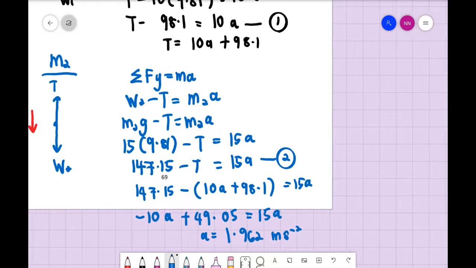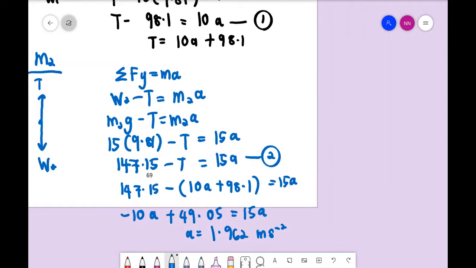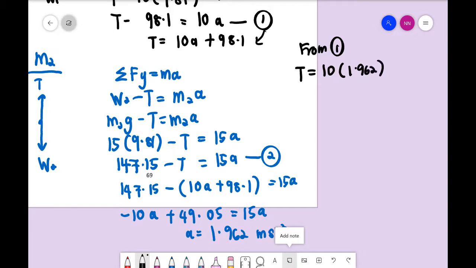And then the tension T is maybe from equation 1. T equals 10A plus 98.1, from equation 1. 10A, A is 1.692, plus 98.1.